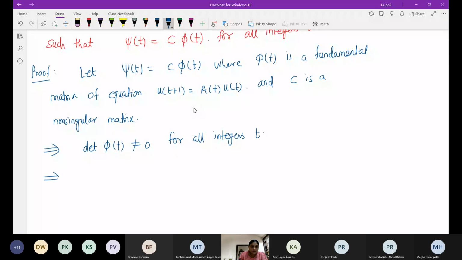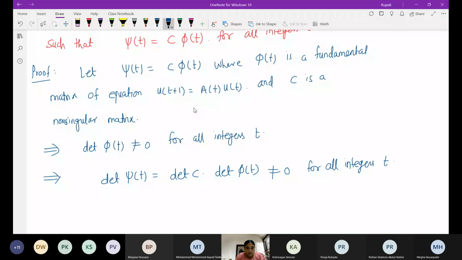So the determinant of psi t is equal to the determinant of C into the determinant of phi t, which is non-zero for all integers t, because the determinant of C is non-zero and the determinant of phi t is non-zero. So the determinant of psi t is non-zero for all integers t.